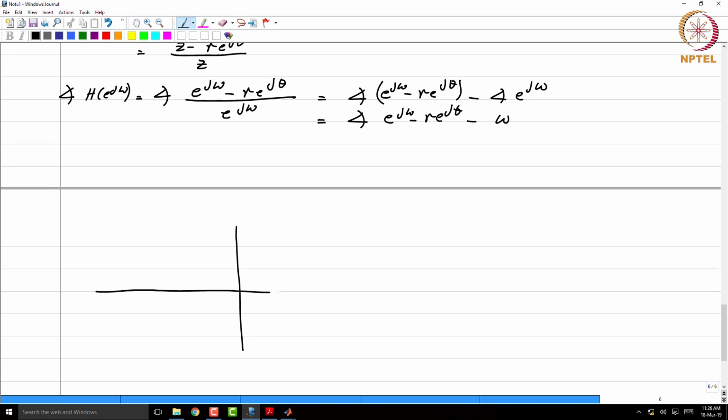So, 1 minus r e to the j theta z inverse is z minus r e to the j theta by z. So, you have a trivial pole, and for illustrative purposes I am going to use theta equal to 0. Therefore, I have a zero sitting here.